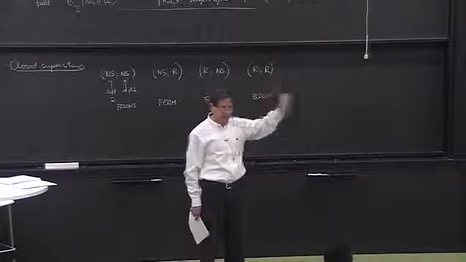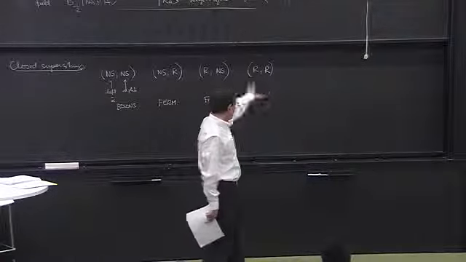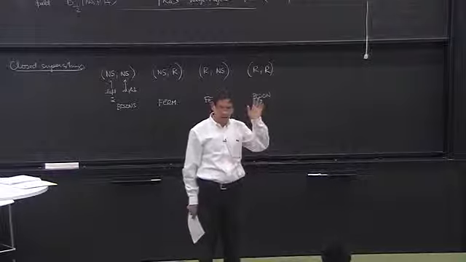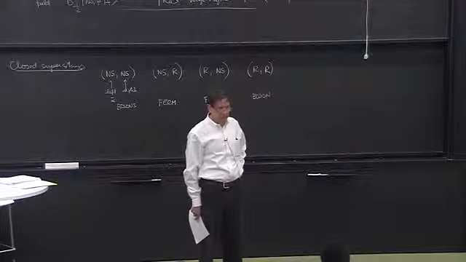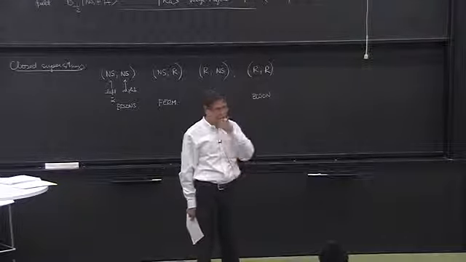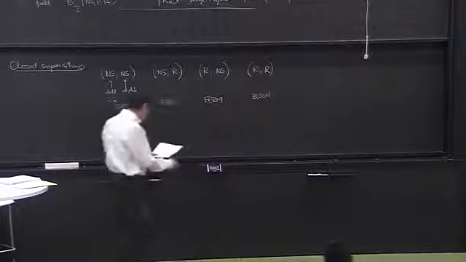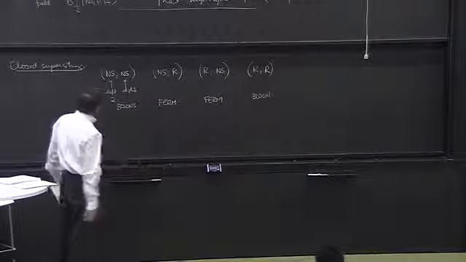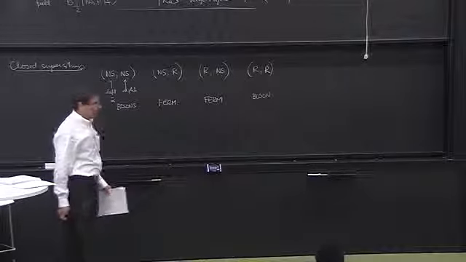If anybody finds a good way to quantize the string on Ramond-Ramond backgrounds, it's a great advance. It's really holding up the field, the fact that people can't quite compute string theory with Ramond-Ramond fields. It's a great problem.